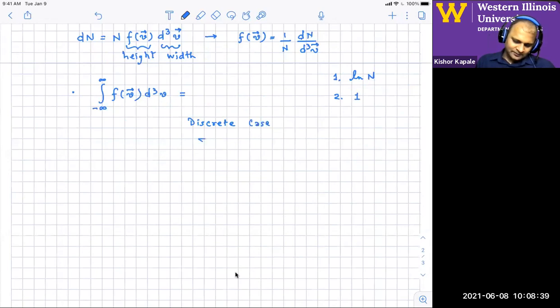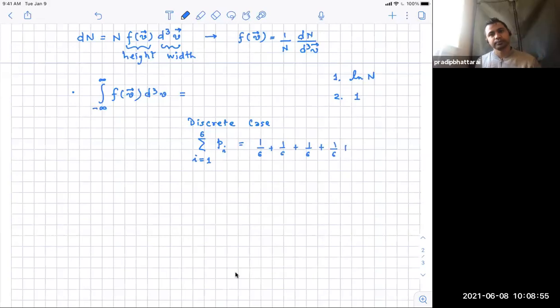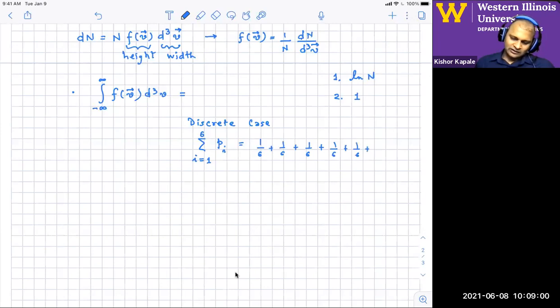Sum over i equal to 1 to 6 of p_i is going to be 1/6 plus 1/6 plus 1/6 plus 1/6 plus 1/6 plus 1/6, 1, 2, 3, 4, 5, 6, or 6 times 1/6, which will be 1.